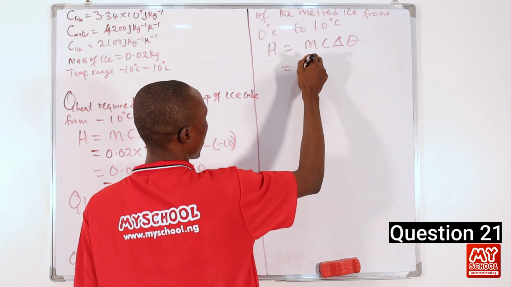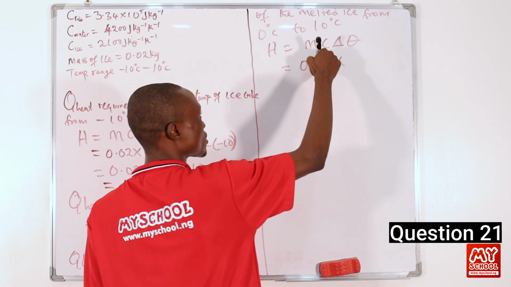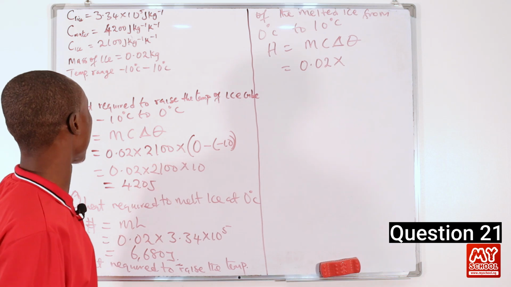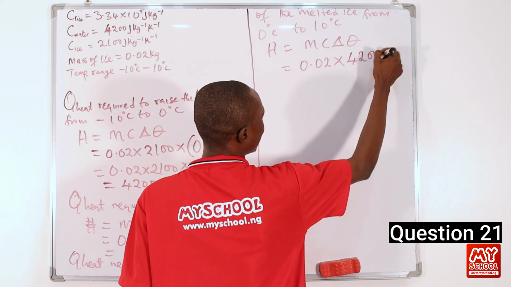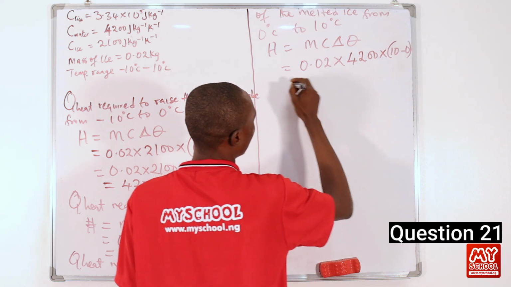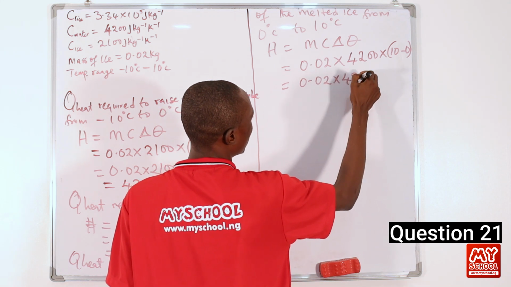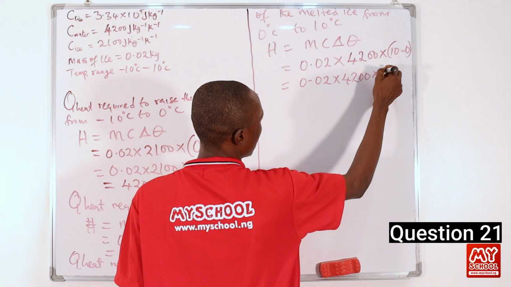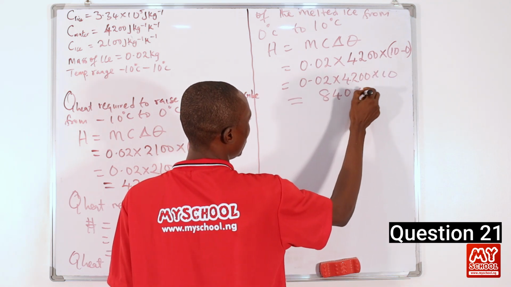Our m still remains 0.02, times, in this case, the specific heat capacity of water, which is 4,200, times the temperature change, which is 10 minus 0. So this becomes 0.02 times 4,200 times 10, and this will be equal to 840 joules.